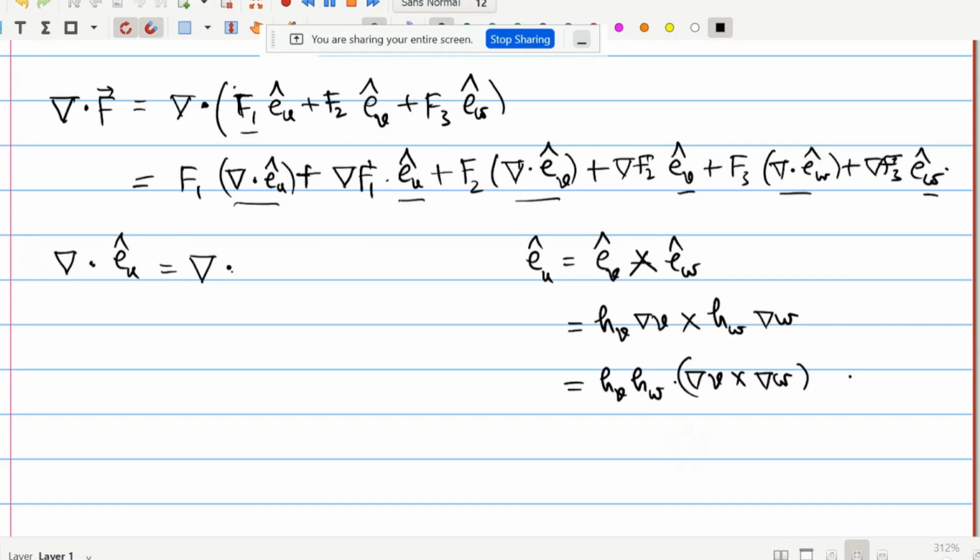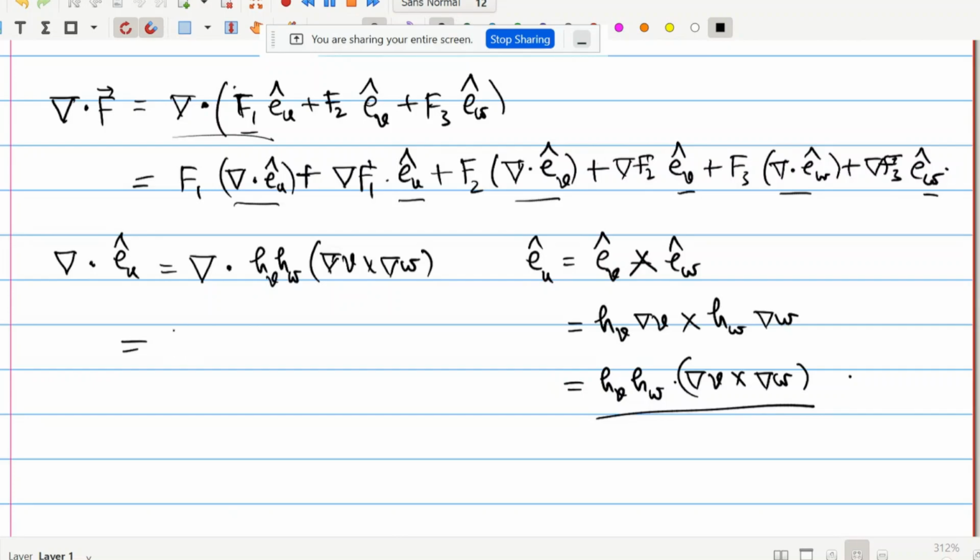So I'm going to write it as dot product with hv hw into this vector del v cross del w. Now you have seen how you have done here the first term; same way you write it.